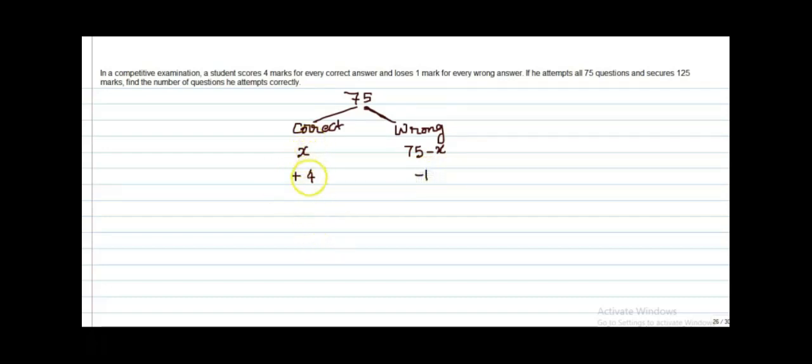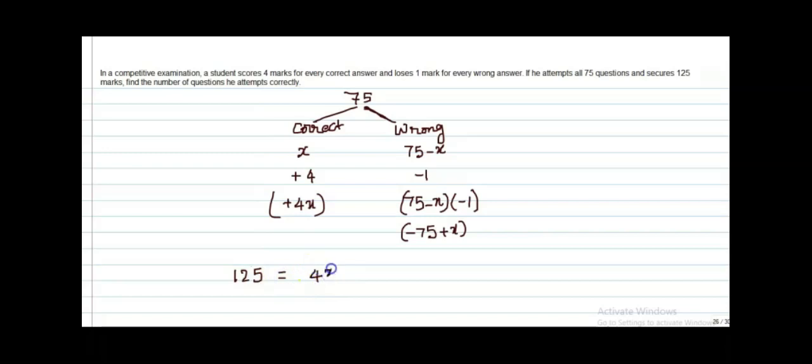So for one question correctly answered he gets 4 marks. So for x number of correct questions he is going to get plus 4x marks. And here negative marking for one wrongly answered question is 1. So 75 minus x questions are answered wrongly. So it's going to be 75 minus x into minus 1, or minus 75 plus x are the marks scored for the 75 minus x questions. But totally 125 marks are secured.